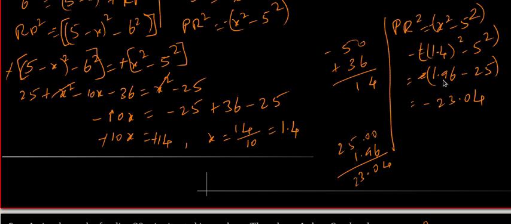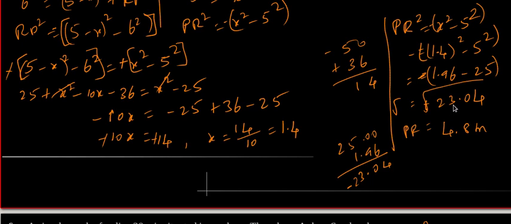It is having minus, so minus into minus becomes plus. So PR square is 23.04. So we need to get PR. PR means we have to take square root on both sides. If we take the square root, approximately we will get 4.8 meter.